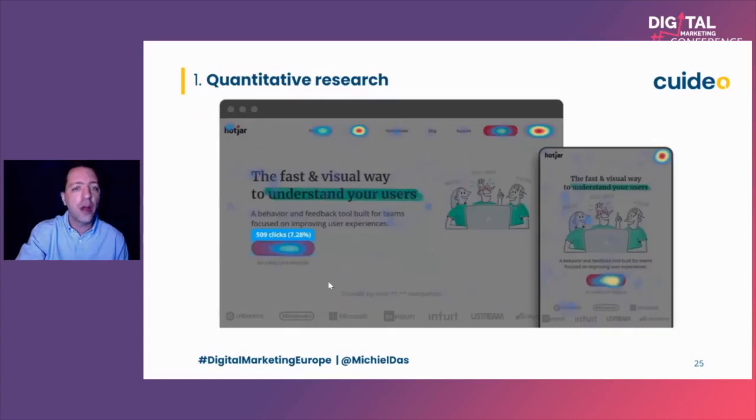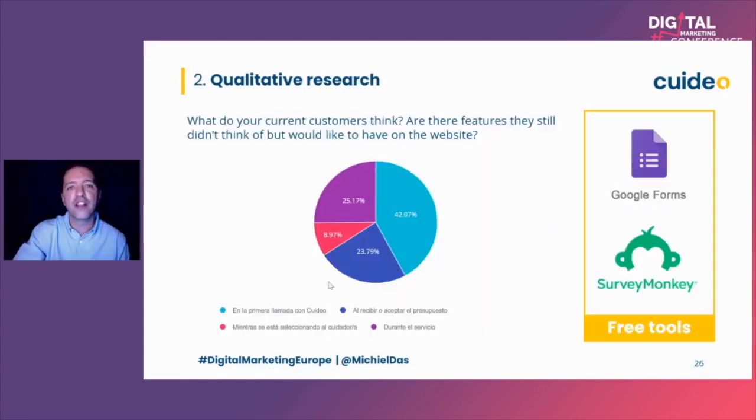Because again, numbers don't tell everything. Numbers just tell you where people stop, where they click, where they're scrolling, but they don't tell you the reasoning behind everything that people are doing when they visit your website. So always try to send out a questionnaire or survey to your existing customers to get that information. You can do this very easily, very straightforwardly, by using Google Forms or SurveyMonkey.